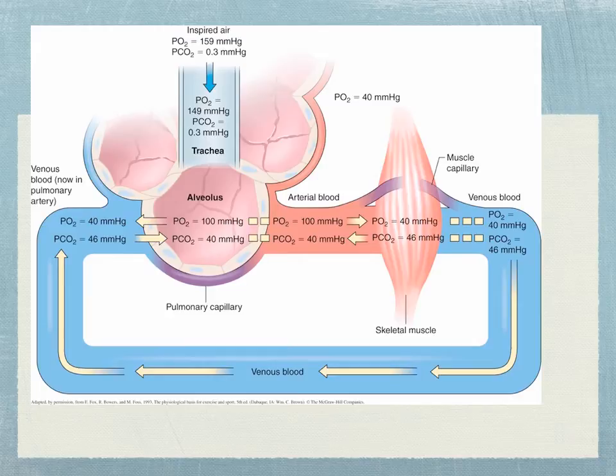And here again, just the opposite. There's a lot of CO2 that's been produced in the muscle with exercise. So there's a greater partial pressure of carbon dioxide, and it'll be transferred from the muscle into the blood. And then that's transported back in the venous blood, and it will be released in the alveoli.